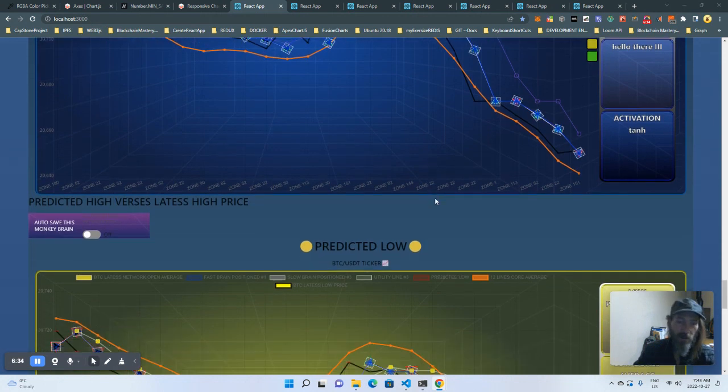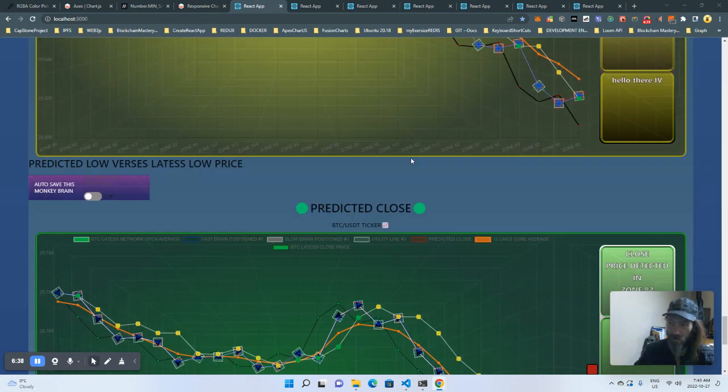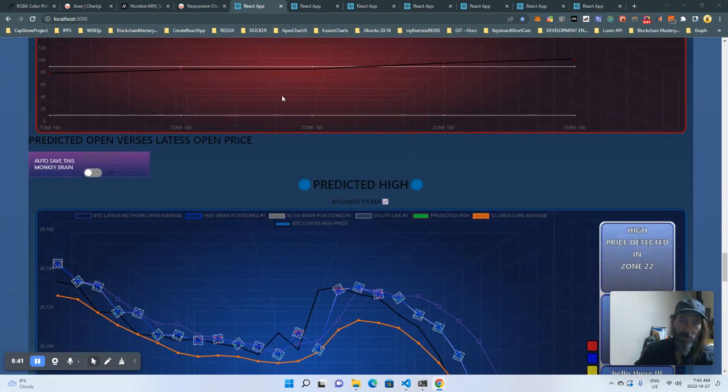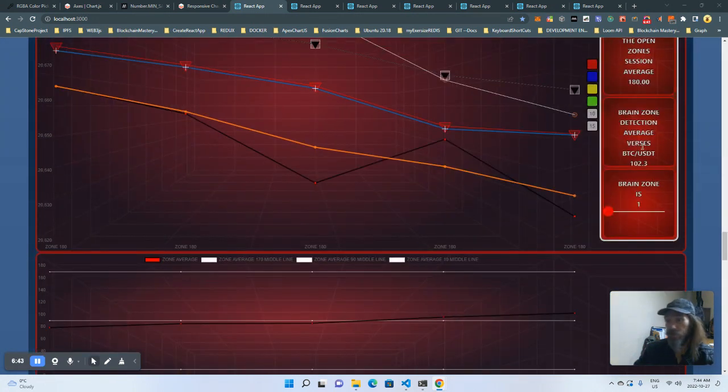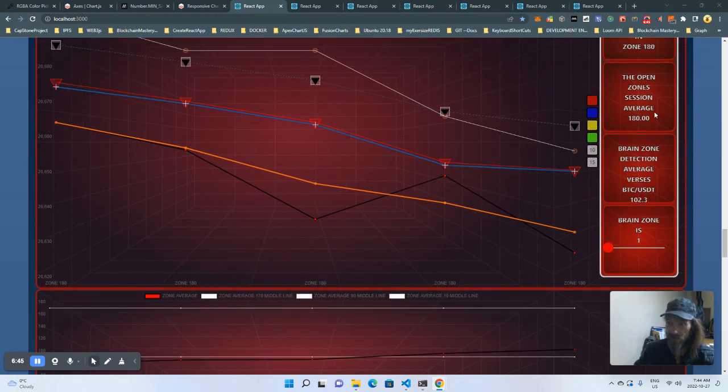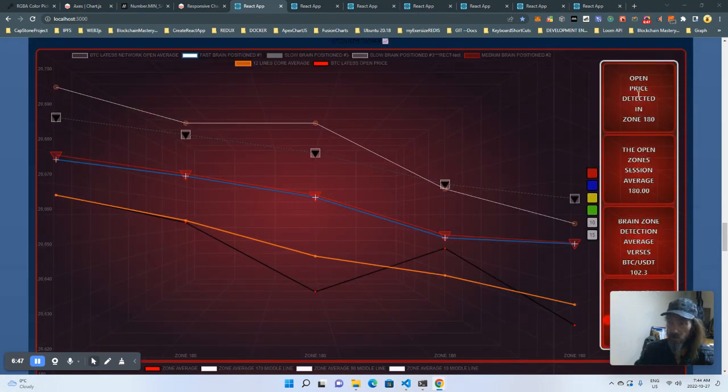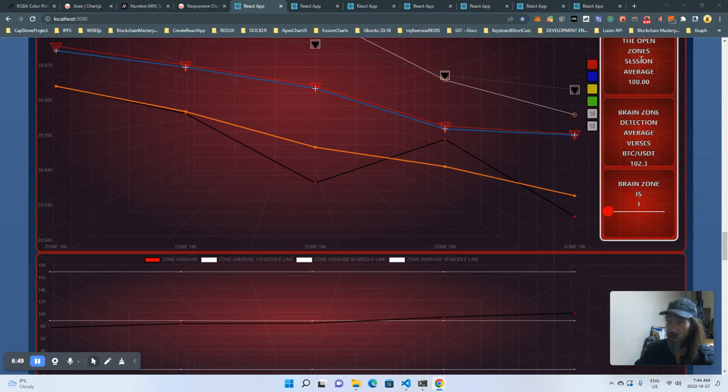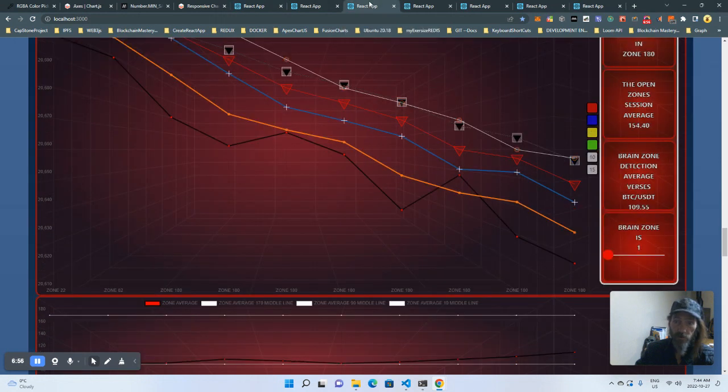I'll be setting up the same thing for the high, low, and close. Just to emphasize, every tick is calculated here, and then the average zone is those 5 ticks. If I go to 10 ticks, the average is those.